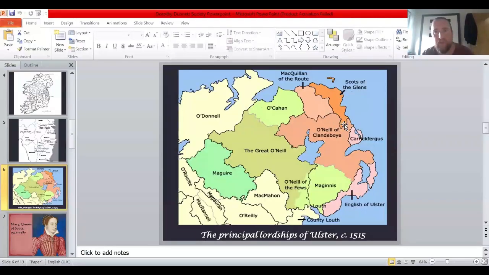So this region is the Route and the Glens, and then they also have control of Rathlin Island, which is a fairly important island there. So the MacDonalds transcend the North Channel here between East Ulster and the Outer Hebrides, which is off the map, but obviously up towards Islay and Argyll and places like that. So the Scots are viewed as a security threat in and of themselves by the English during the 16th century.